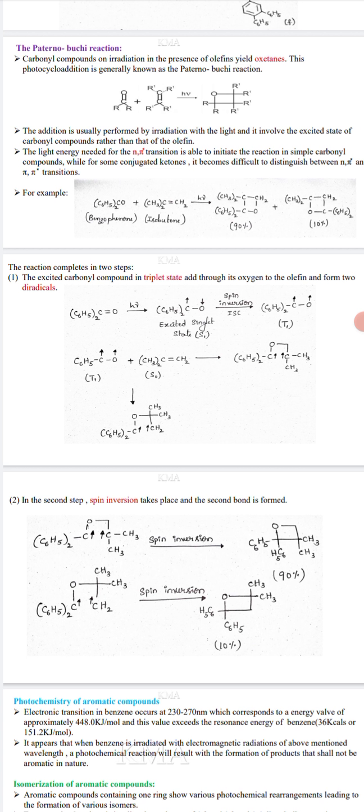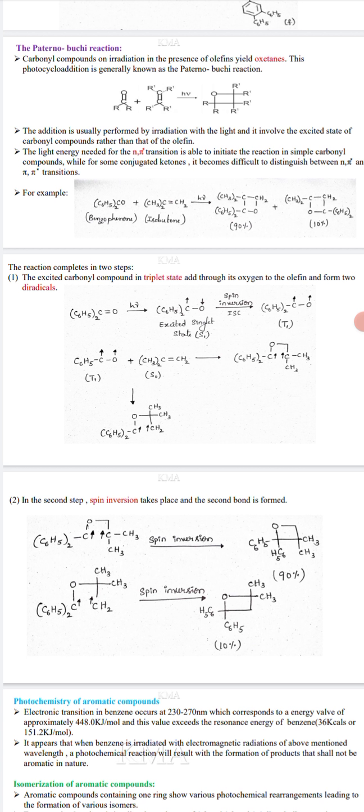This triplet state reacts with the ground state of alkene and gives rise to an intermediate product where both the carbons have a spin of the same direction. So this leads to an oxetane.